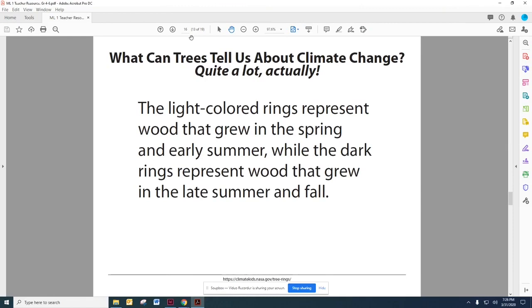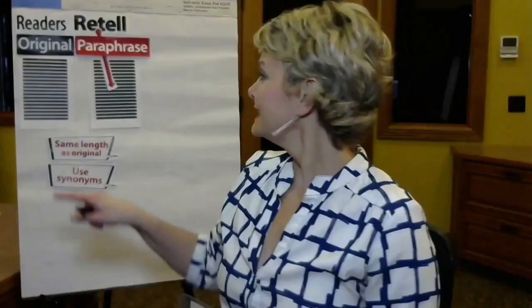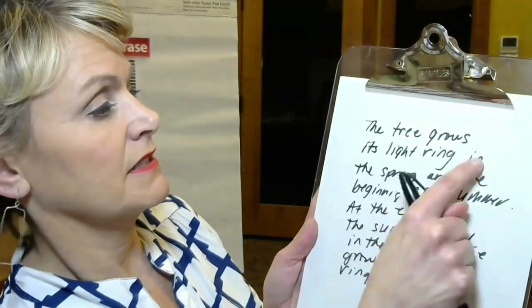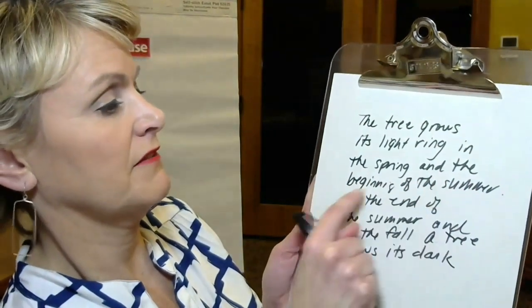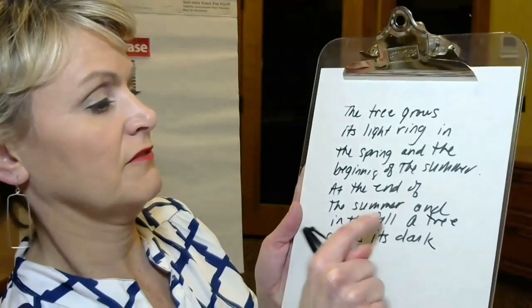Okay, let's count. On the screen, count the words. 28. Okay, we're hoping that we're about the same. I think we're going to be pretty close, you guys, because you said it very similar. 30. 28, 30.